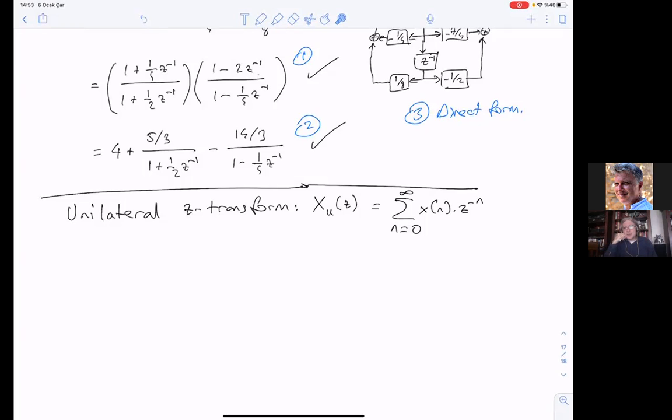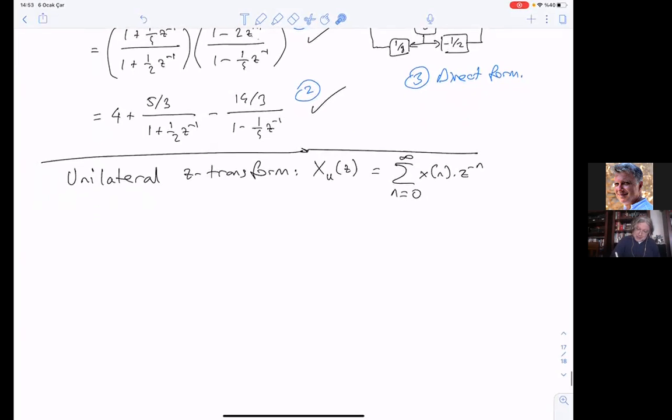So there's no ambiguity of region of convergence versus right-hand sided or left-hand sided solutions. That is the advantage. The disadvantage is that now we have to use the initial conditions all the time.